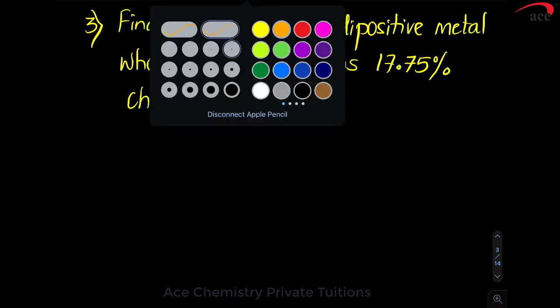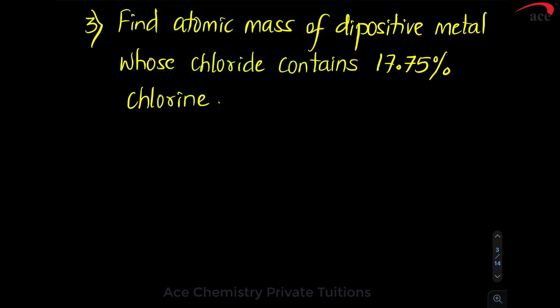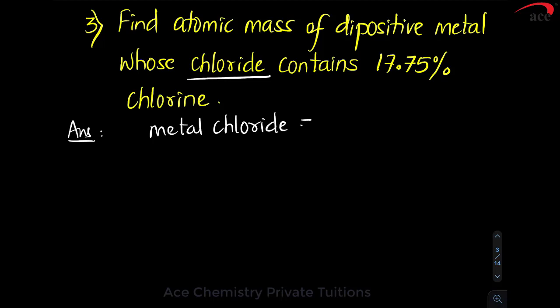Now, based on this, we go to the third question. Find atomic mass of a dipositive metal whose chloride contains 17.75 percentage of chlorine. How do you do that? In this case, we assume the metal chloride to be 100 gram.